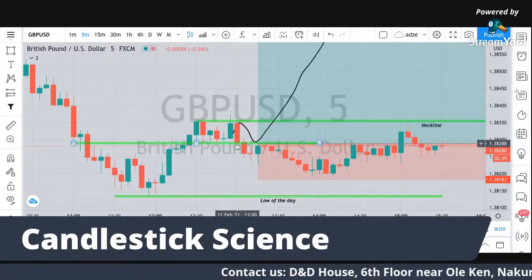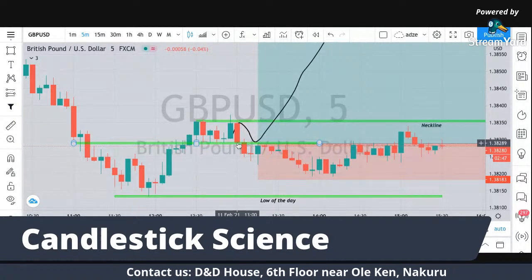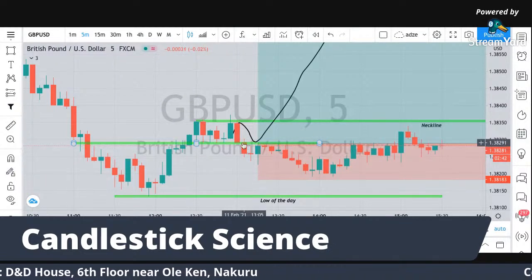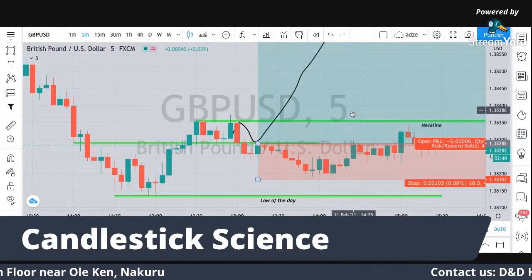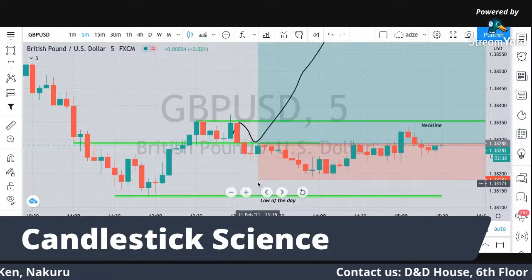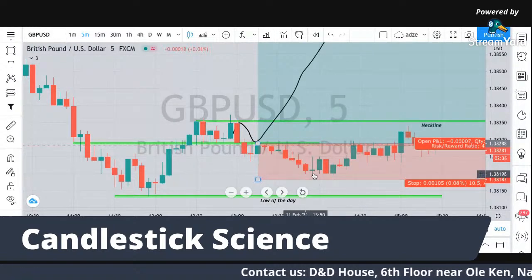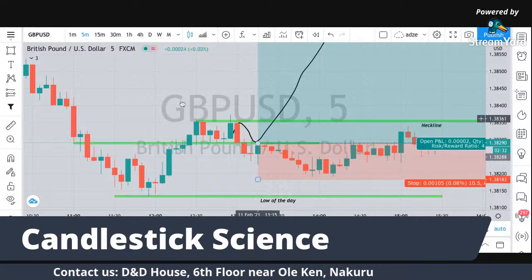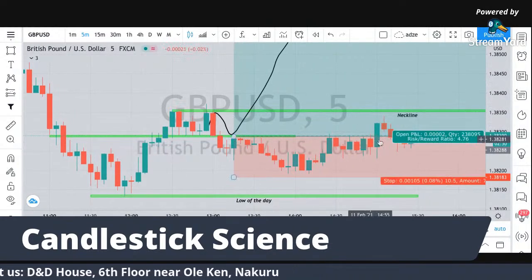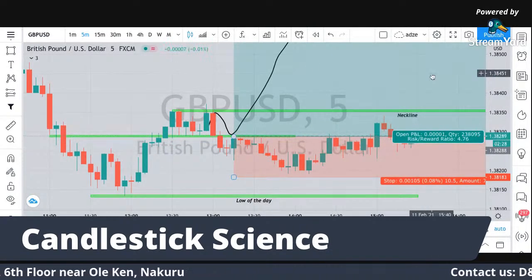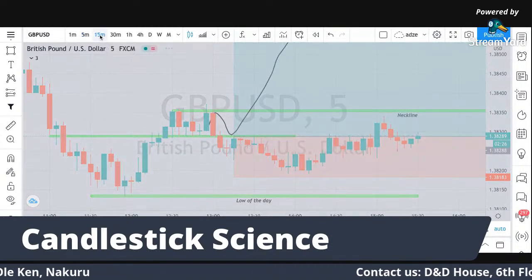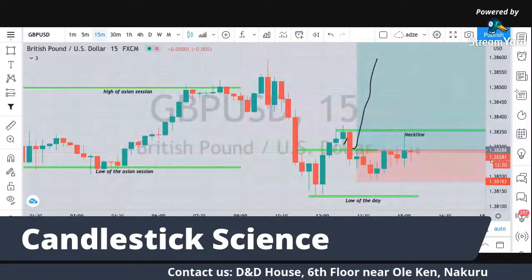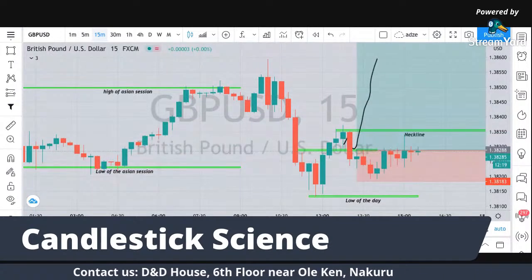My entry was with this bearish candle, to be exact where this one is indicating. My stop loss is 10 pips. I literally survived. So I'm expecting price to push up. It is just the same entry method, but I'm applying it to a different pattern of trading.